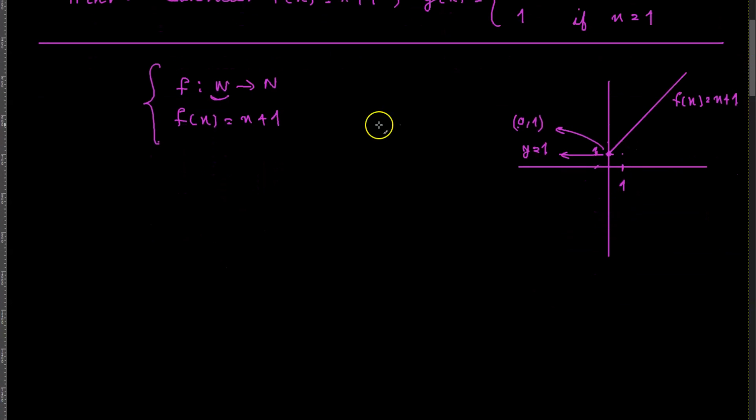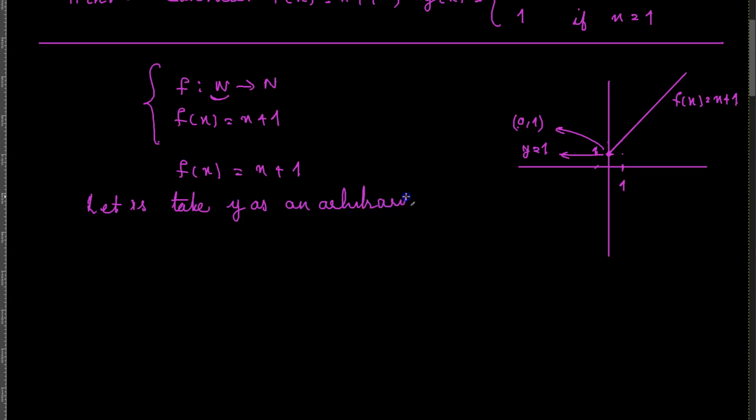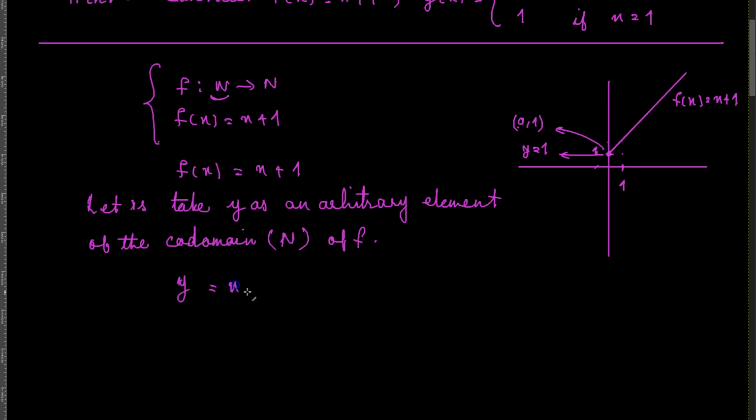What you can do alternatively to understand that f is not onto is that you can write f of x as x plus 1, and you can say that let us, for example, take y as an arbitrary element of the codomain, or n, of f, and therefore you can write, instead of f of x is equal to x plus 1, y is equal to x plus 1.